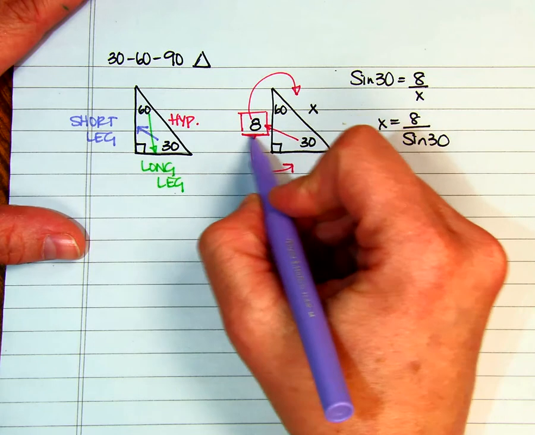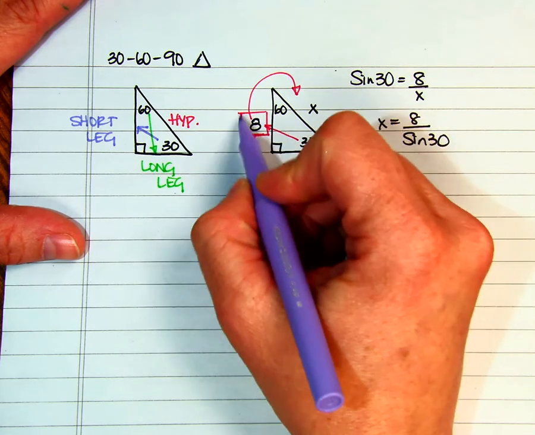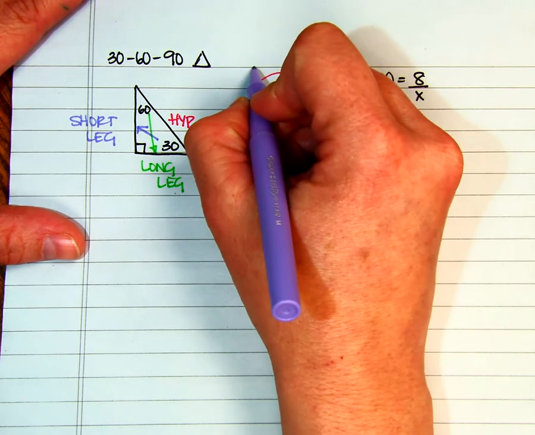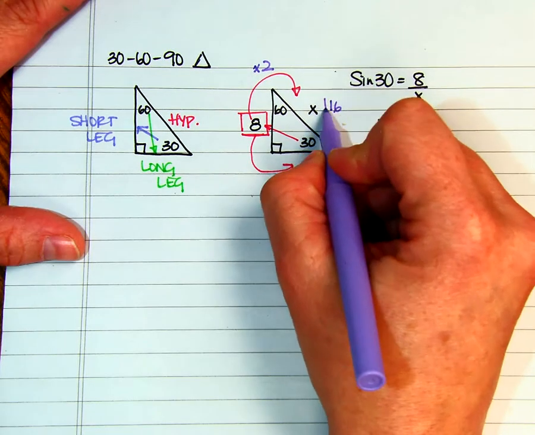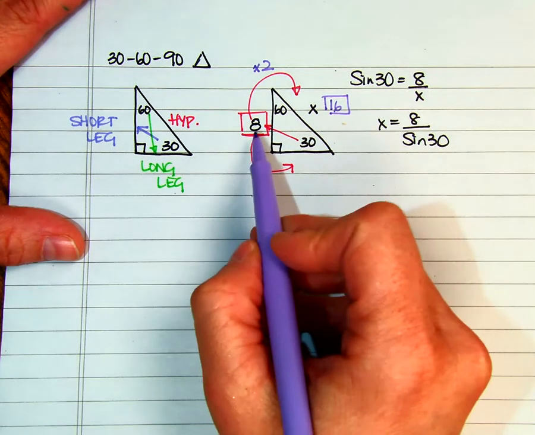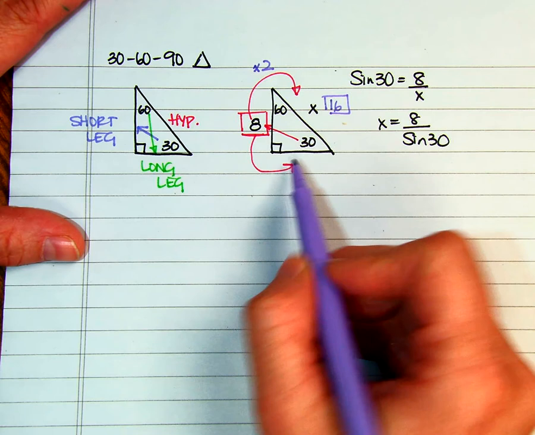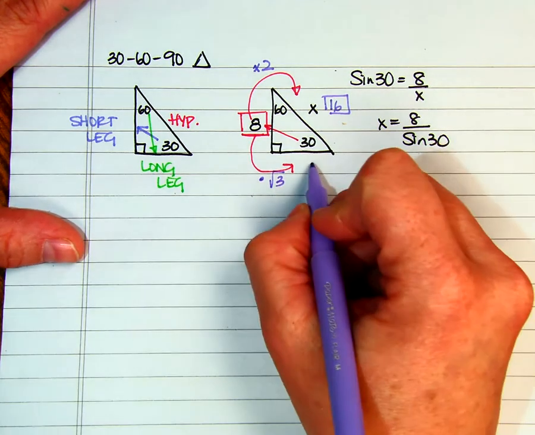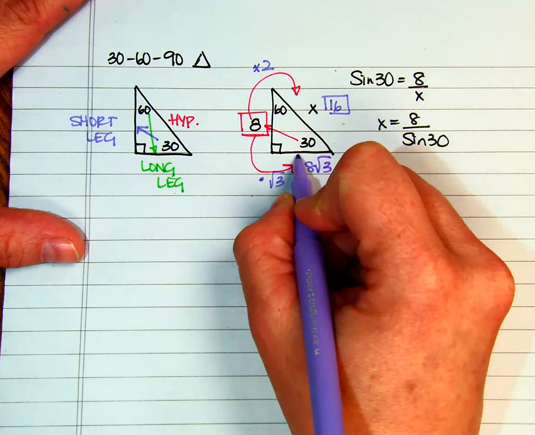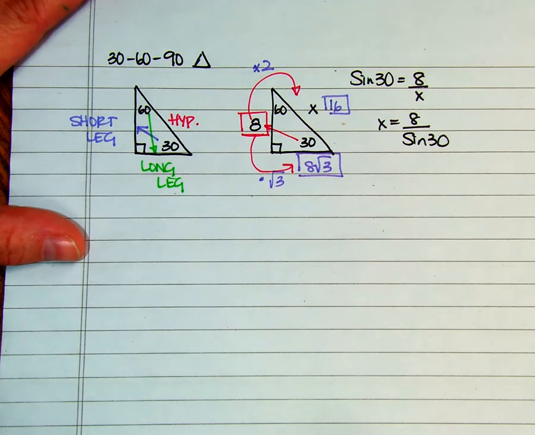If you have the short leg, to get to the hypotenuse, you just simply take it times 2. So that means this would be 16. To find the long leg, you take it times the square root of 3. So 8 radical 3, and you're done.